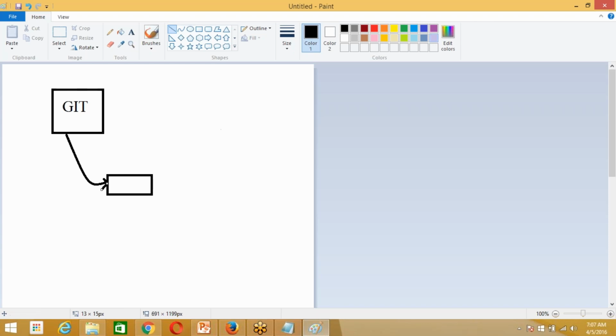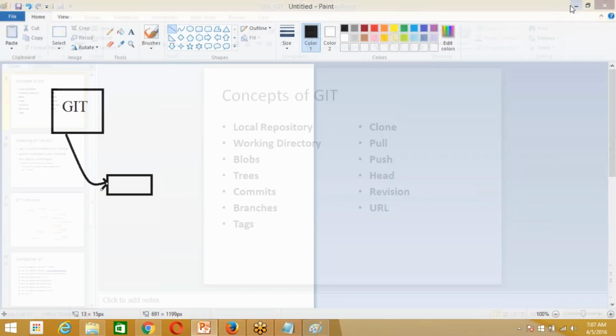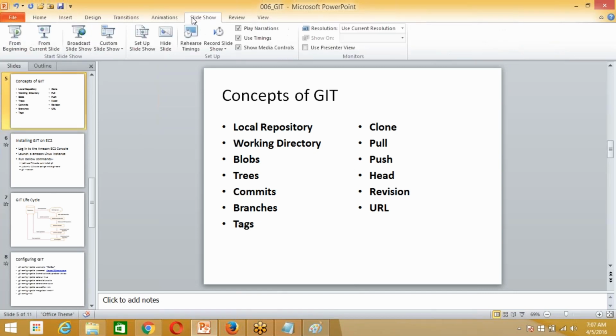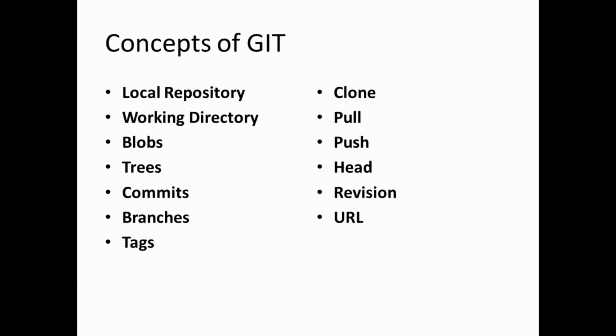The copy you make works as a backup, and the location where you copy those things is called your local repository, or the working directory itself.